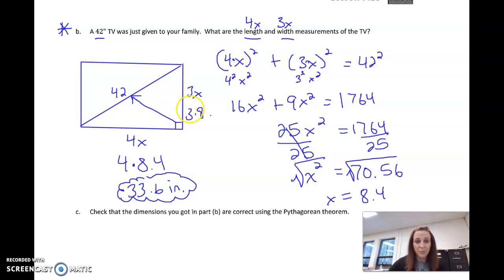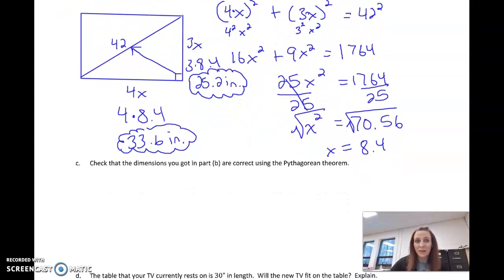And 3 times 8.4 is 25.2 inches. Okay, so when we have a 42-inch TV, its actual length is 33.6 and its width is 25.2.